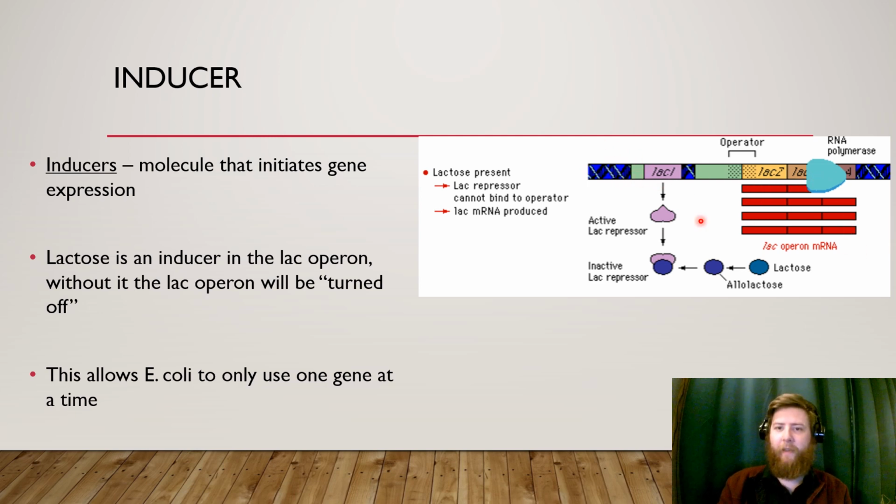It will make these lac operon mRNAs over and over again. That will make these genes to use lactose. But the reason that we have inducers is because it allows that cell to only use one gene at a time. E. coli is only going to use either cellular respiration or this lactose kind of metabolism. It's not going to do both of them. It's going to choose one or the other.